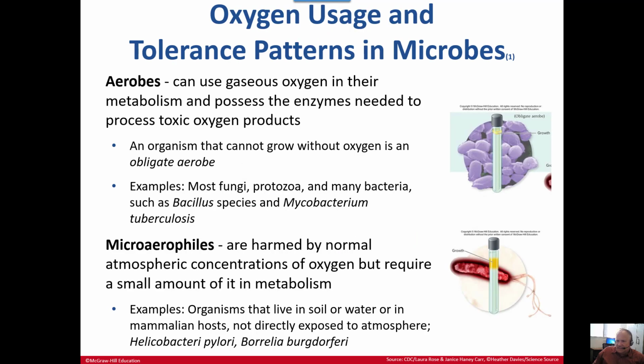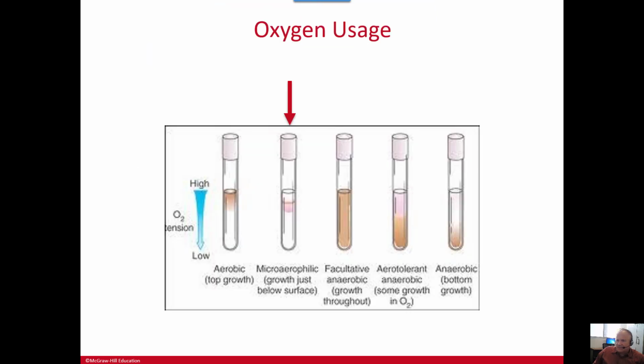Aerobes also can be microaerobes, we call microaerophiles, and they're harmed by normal atmospheric concentration but require small amounts of it for the metabolism. And Helicobacter pylori and Borrelia burgdorferi, which is a causative agent for Lyme disease, fit into this category. And so you might see the movement downward.